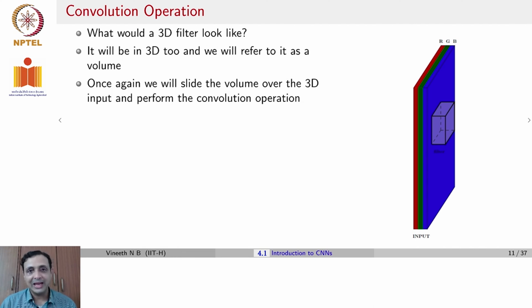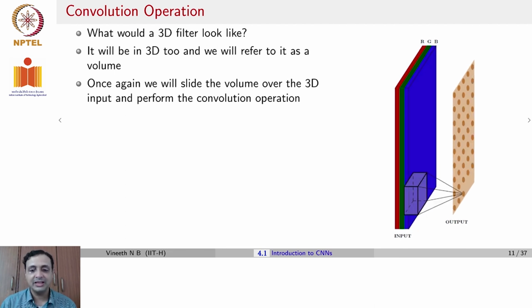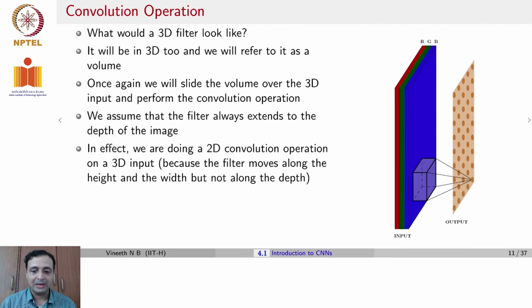So when you now slide the volume over your input volume and perform the convolution operation, you will be moving it across the input volume at different locations and getting one scalar output as the output of the convolution in the output image. So you can see that as you move the volume on different locations in the input volume, you get the output as pixels in the output image.